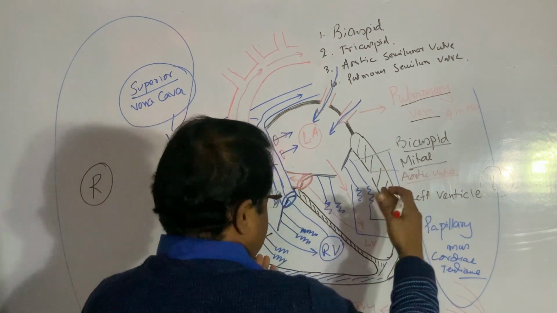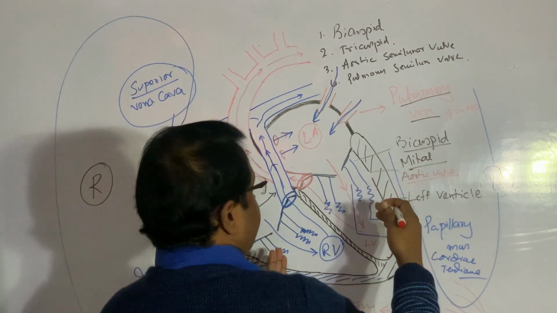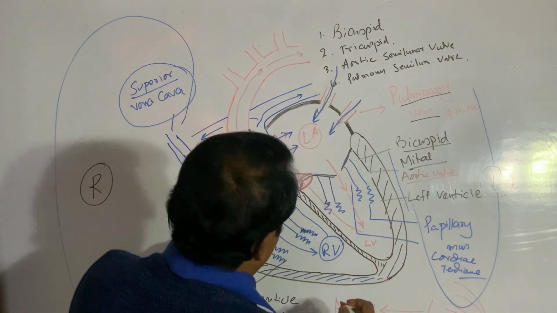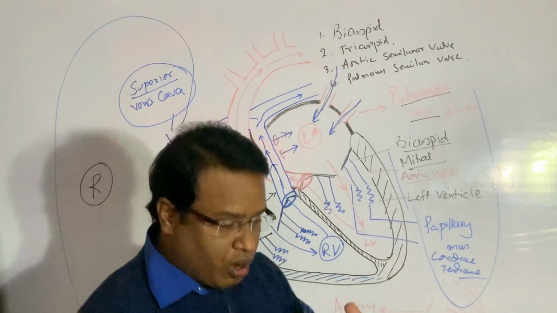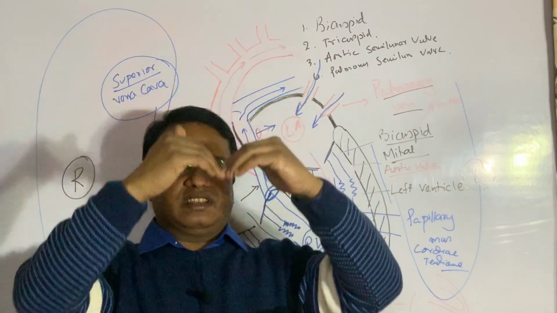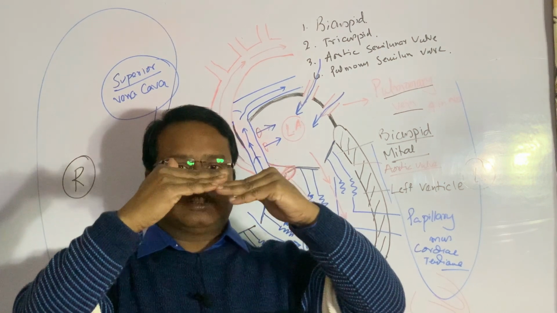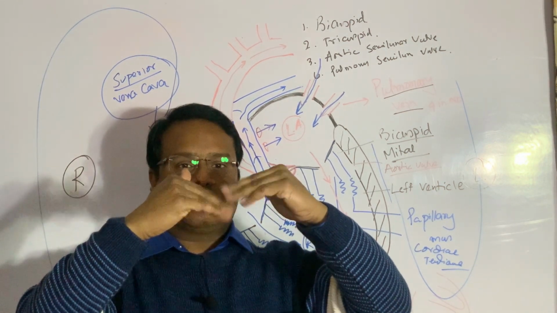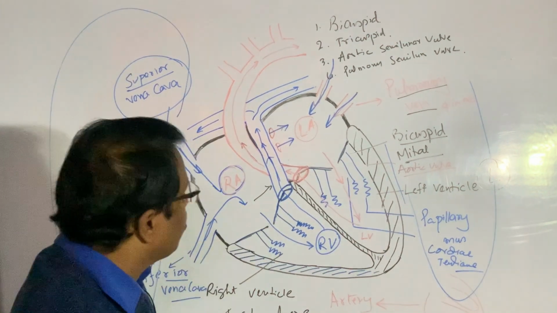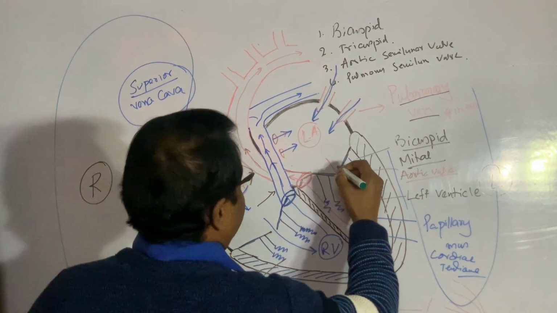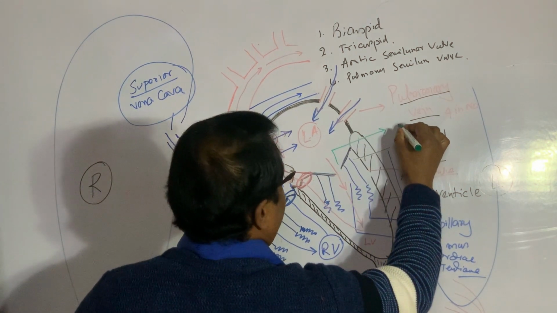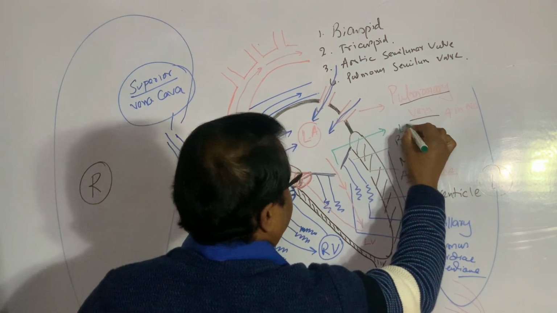When the contraction of the ventricles starts, the bicuspid and tricuspid valves get closed. They open like this and close like this. During closure of the bicuspid and tricuspid valves, one heart sound is produced, called lub.